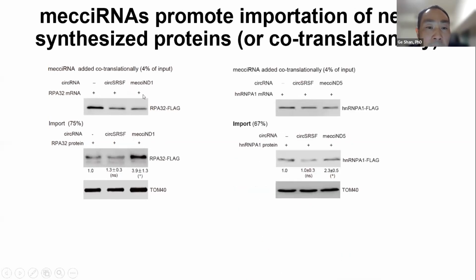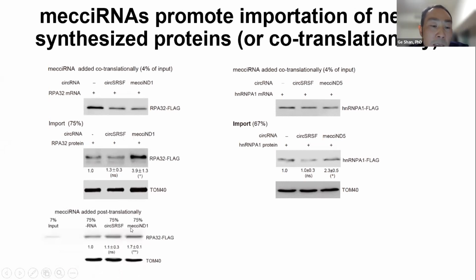This is MecciND1. For another MecciRNA, same thing. If we add the mRNA and MecciRNA together into the translation system, more newly synthesized protein gets transported into the mitochondria.